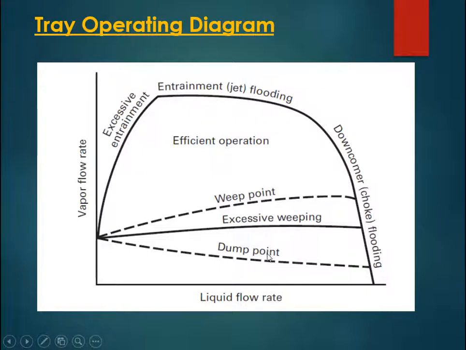We have to discuss two points. One point is how dumping reduces tray efficiency at very low levels, and the other is why this curve is not like the weeping point curve. This curve is like this, which means that when liquid flow rate goes high, the chances of dumping go low. So these two things we have to discuss.